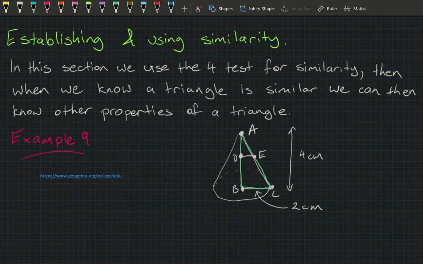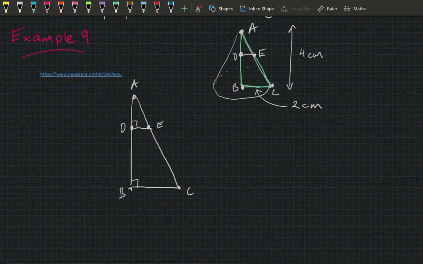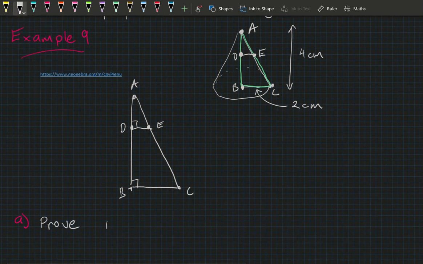So after looking at the GeoGebra applet there, you could see that I could represent the triangle in the middle as these points A, B, C, D, and E in a 2D triangle. Right, in part A of example 9 here, we're asked to prove that ABC is similar to ADE.